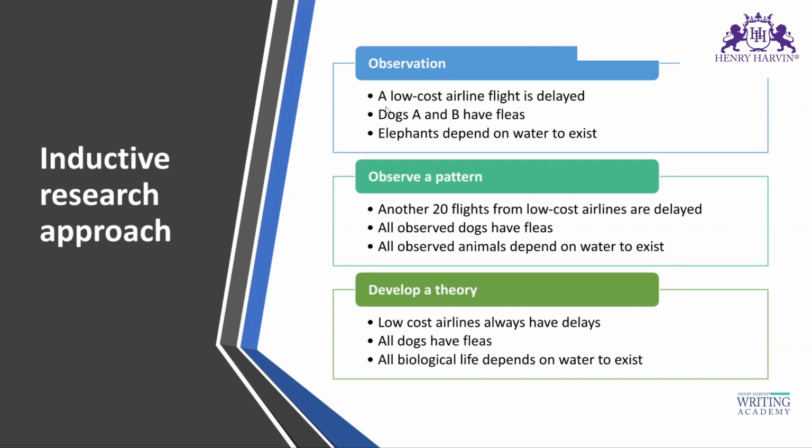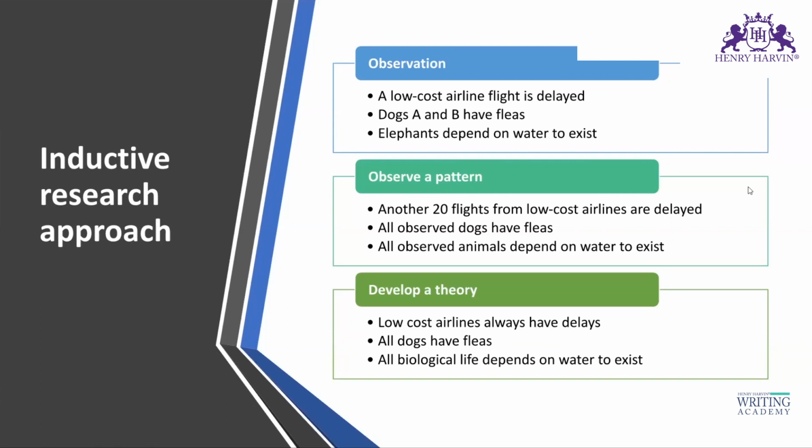Now, based upon these observations, a pattern has been made. What is the pattern based upon the first observation? That another 20 flights from low cost airlines are delayed. Now, how do you find a pattern? You actually study that. You saw that there were 20 flights with a low cost airline and they were delayed, so only the low cost airlines are being delayed.